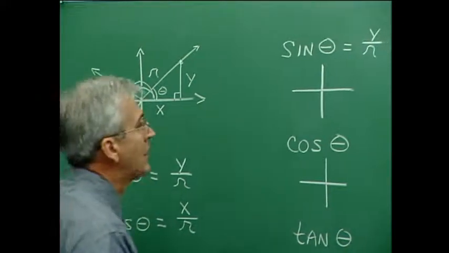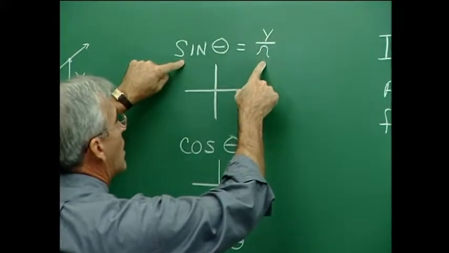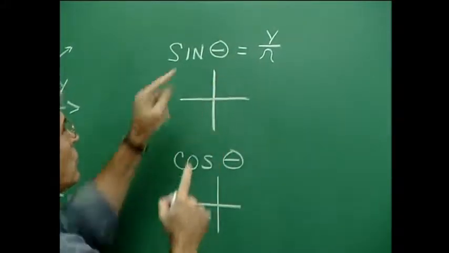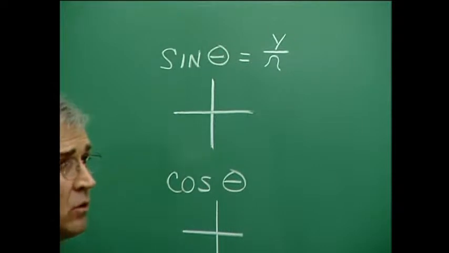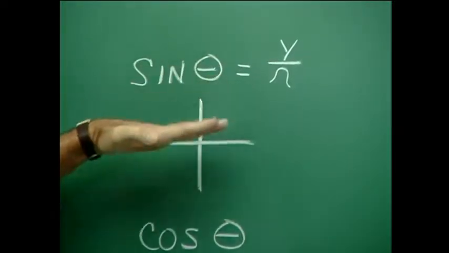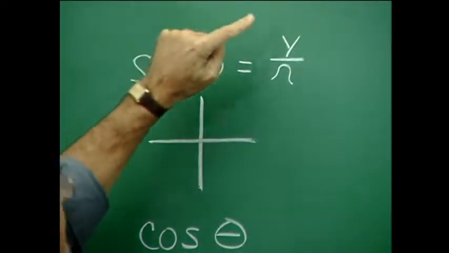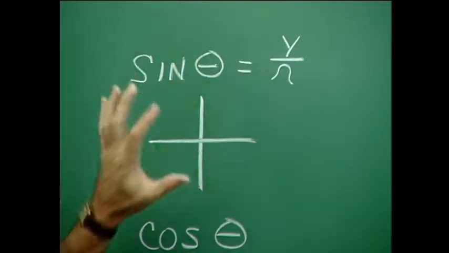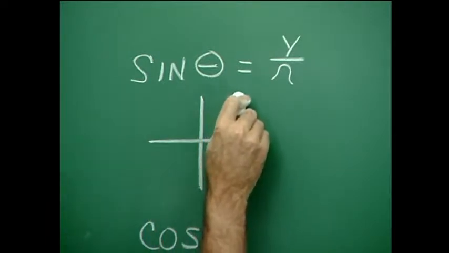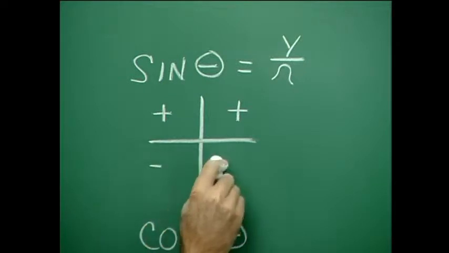Now if sine theta is y over r, then in what quadrants would the y value be positive? Well, y refers to vertical distance, and the vertical distances are positive above the x-axis. So the sine of theta, because it's that ratio, is going to be positive in this quadrant, positive in this quadrant, but negative in these two quadrants.